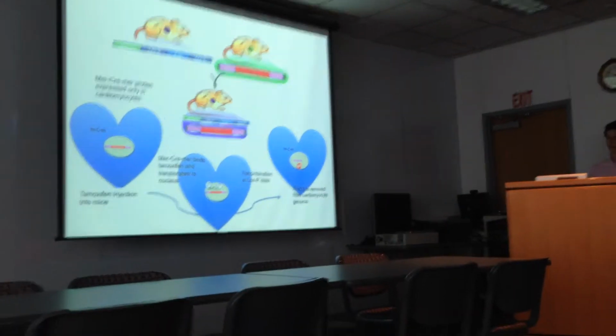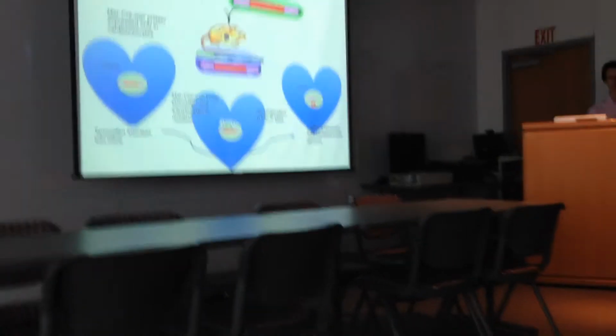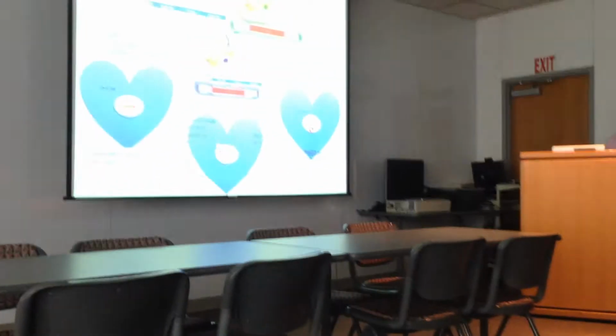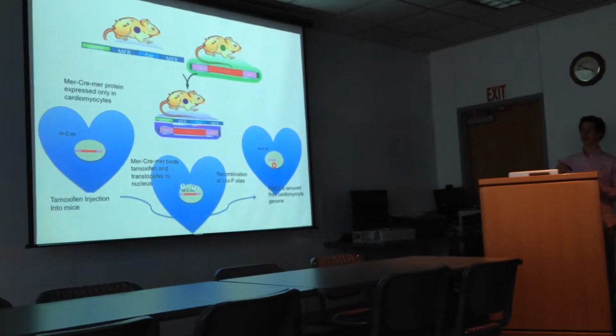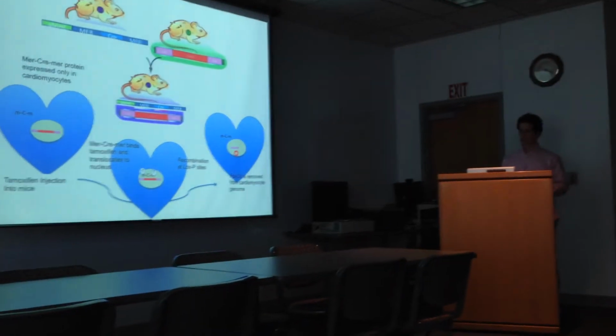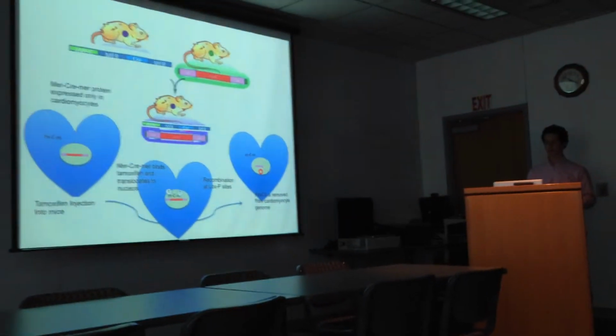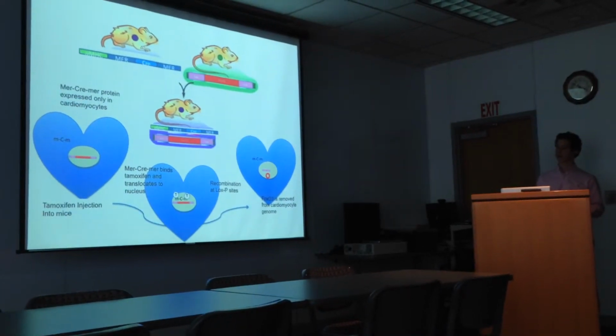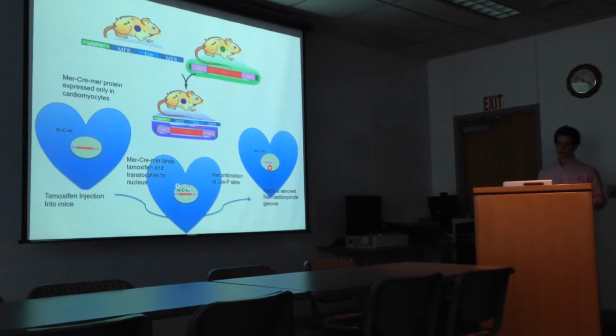To knock out the FoxO protein, we crossed a mouse carrying the Mer-Cre-Mer gene driven by an alpha MHC promoter, meaning that it will only be expressed in the heart, with a mouse that carries a FoxO gene with loxP sites inserted into it.